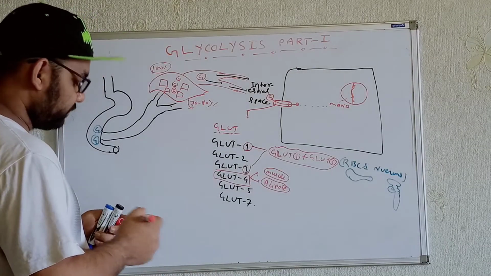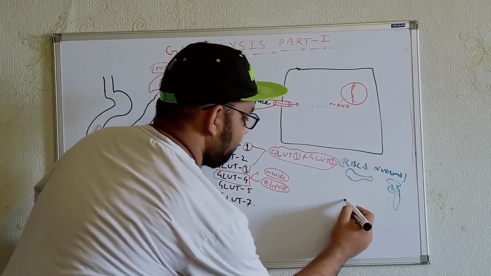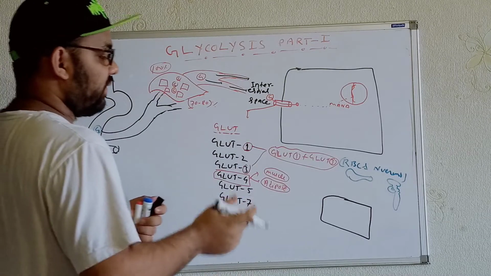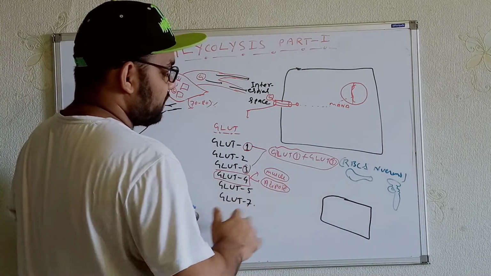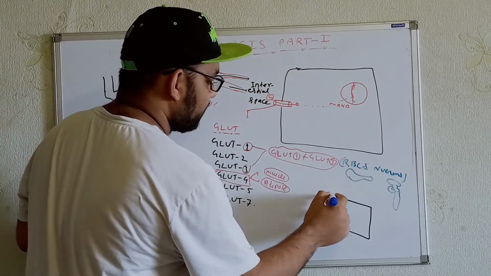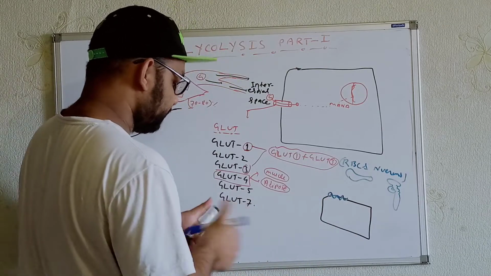For example, during the feeding state, this is the cell, for example the muscular cells or the adipose tissue cells. Within the cells you will see there is one kind of receptor over here.